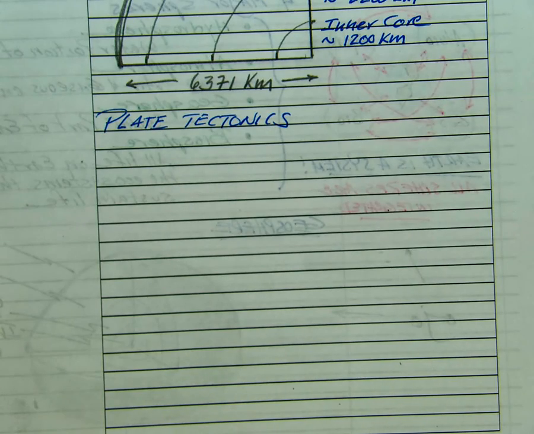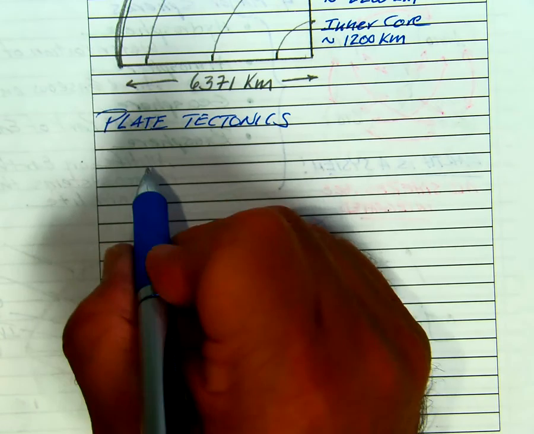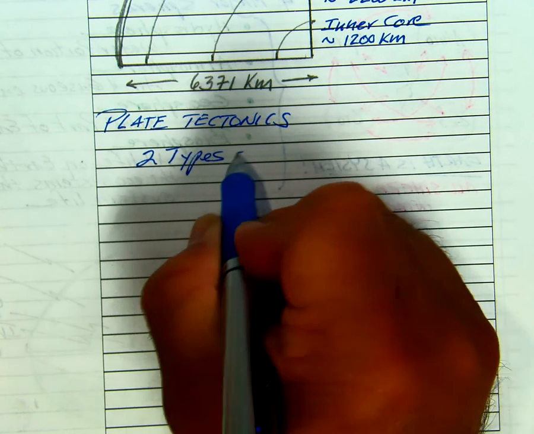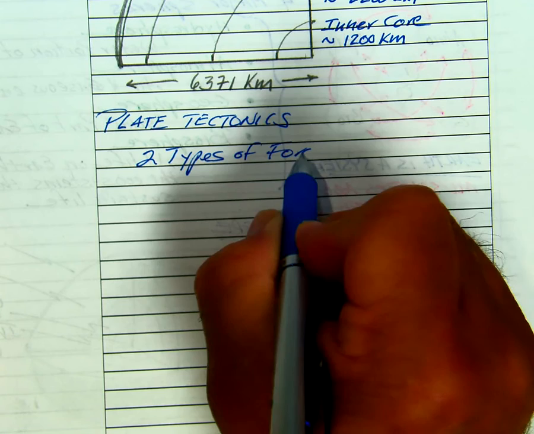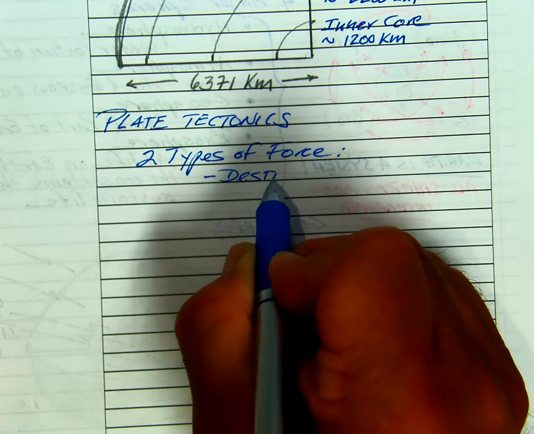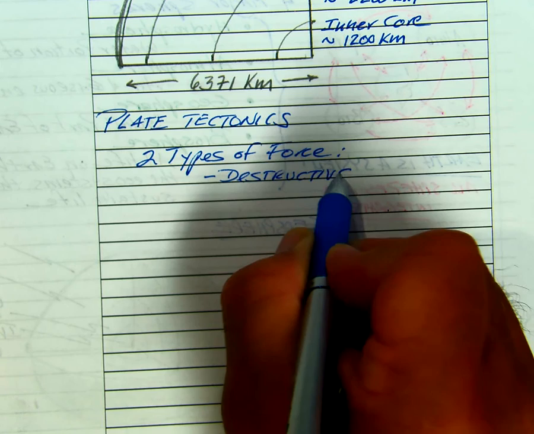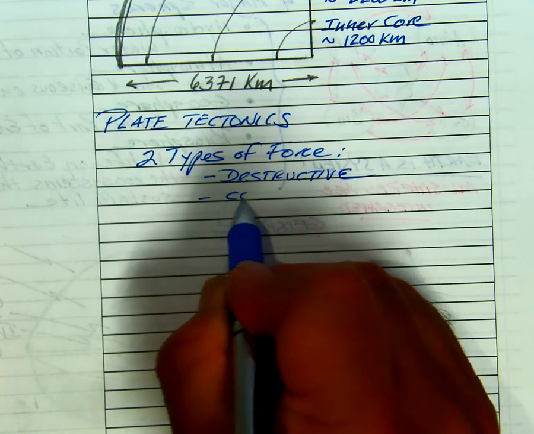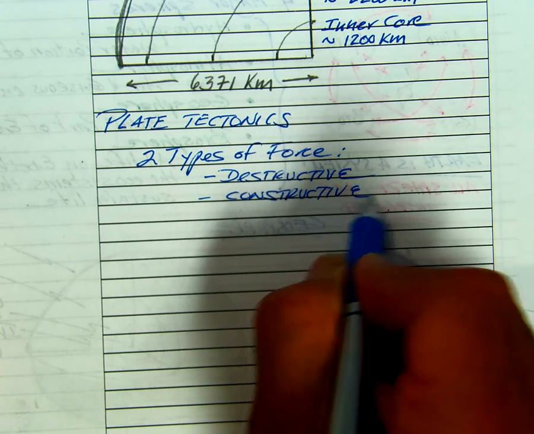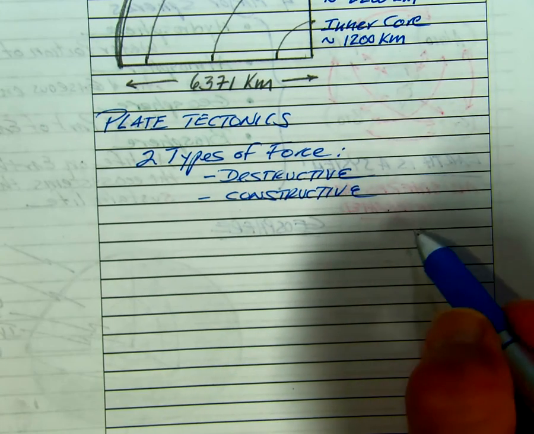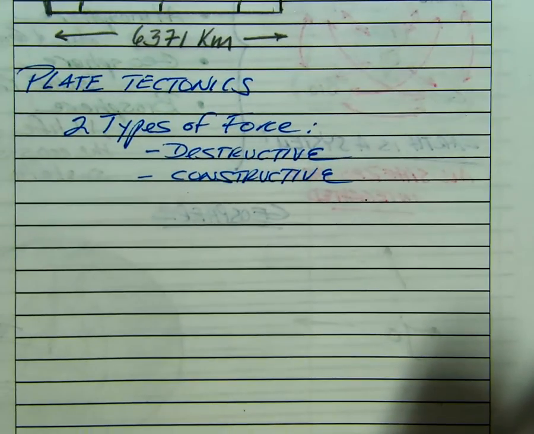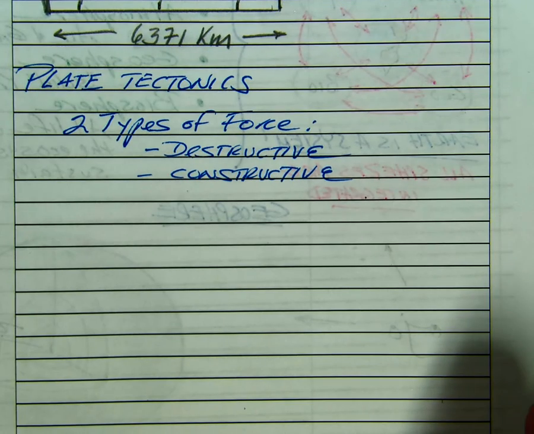You have two types of forces on the Earth: destructive and constructive. Destructive would be things like erosion that wear down mountains. Constructive would be mountain building, volcanism, that kind of thing.